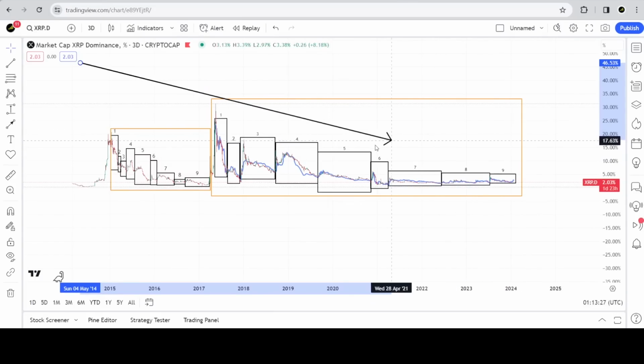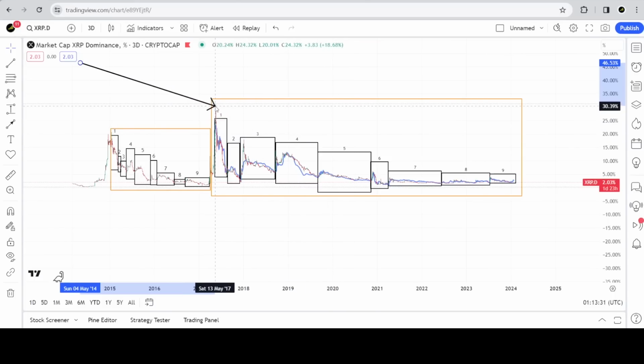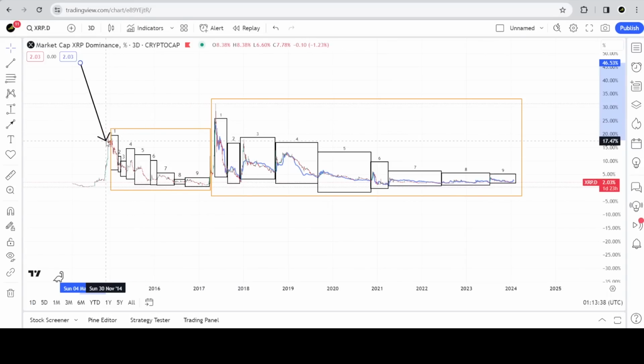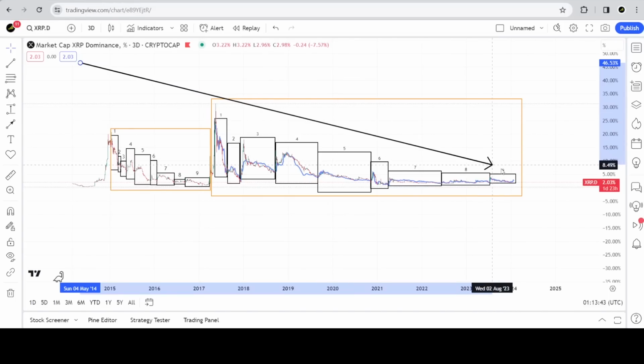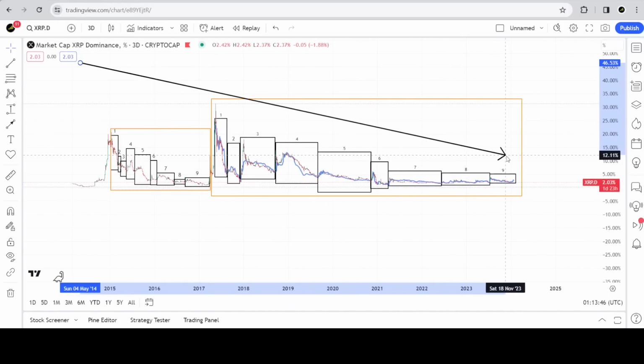This bull run is not like the previous bull runs that we have experienced. The only other times we can compare to are this one in May 2017 and this one in 2014. What we are going to experience will most likely be similar to these.